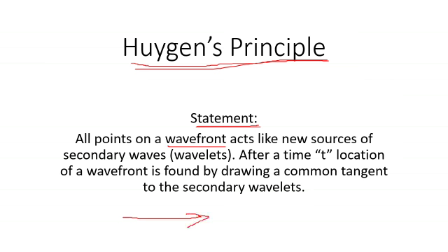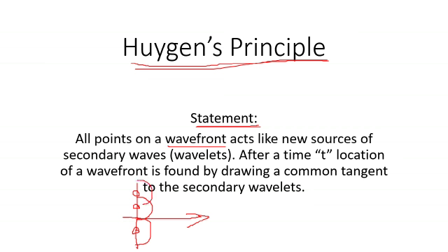Suppose this is some ray of light, so this is the propagation direction of light, and suppose this is a wavefront which is always perpendicular to the ray. So now we consider some points over here according to the Huygens geometrical construction, and these points are acting like sources of secondary waves. So let me draw a secondary wave produced by this point over here, produced by this one, and one over here produced by the first point.